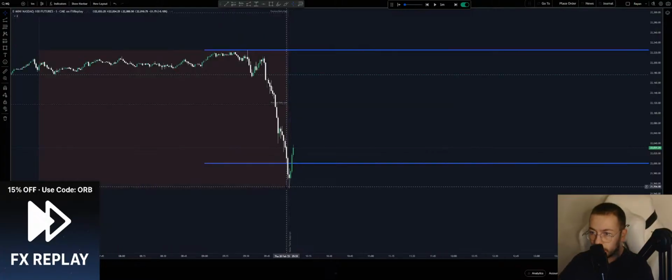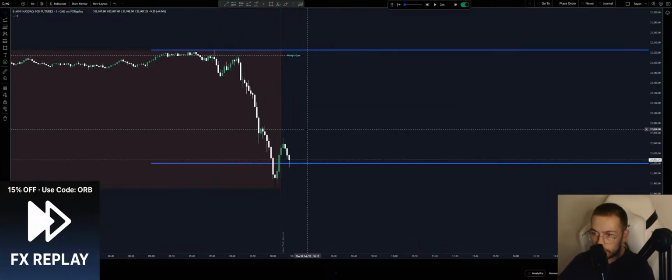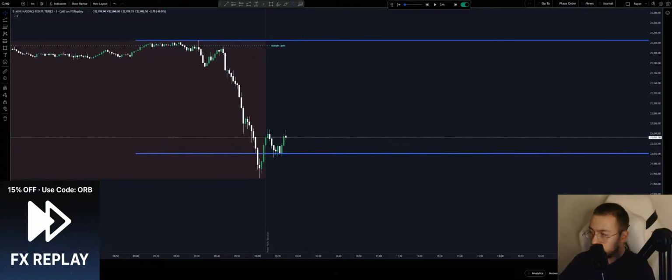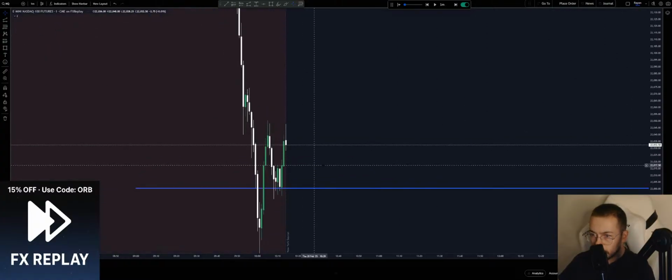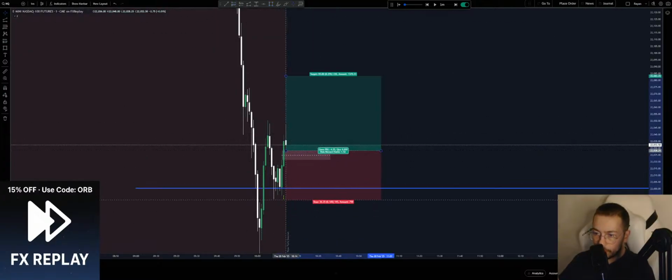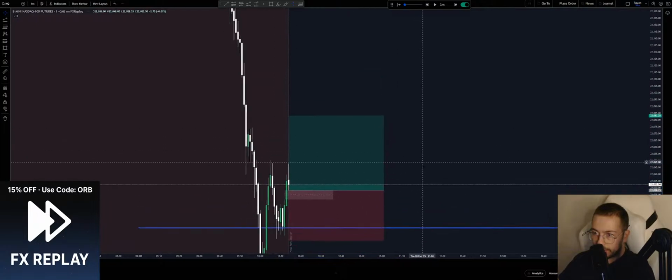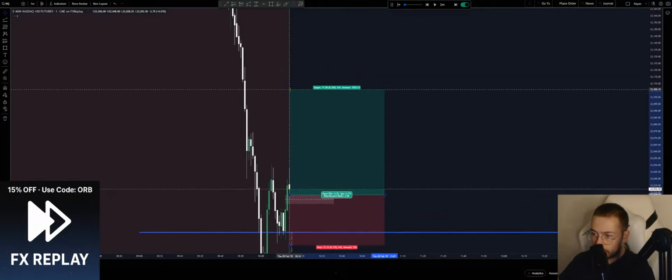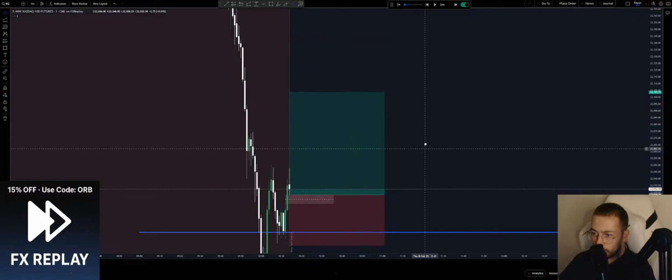Yeah. Did not break structure. Okay, we did break structure here. That is a fair value gap. Limit order. That's your stop. I think that's gonna be a good trade. It looks good for the reversal.